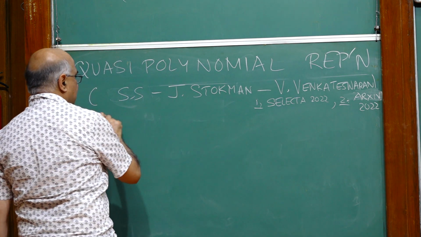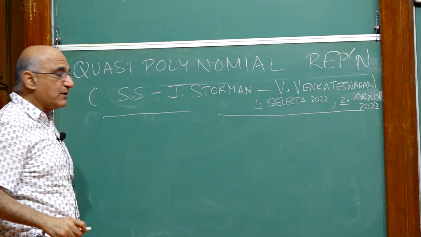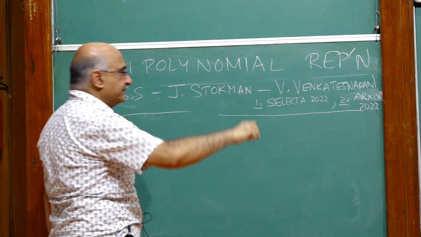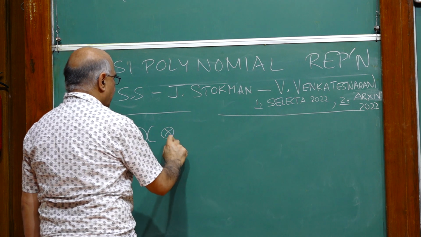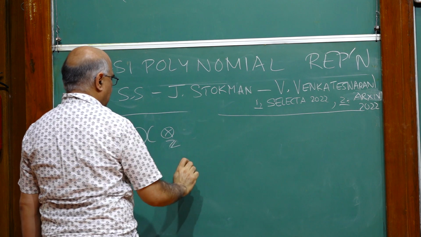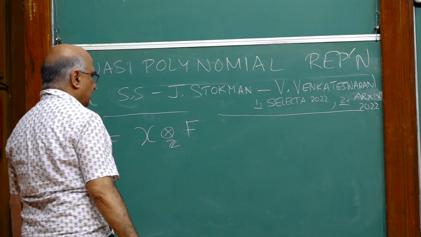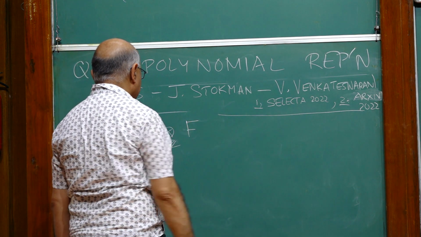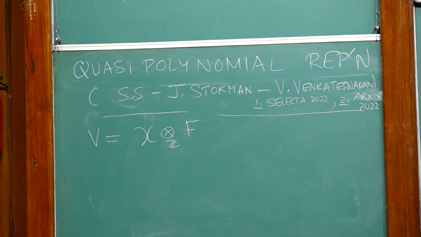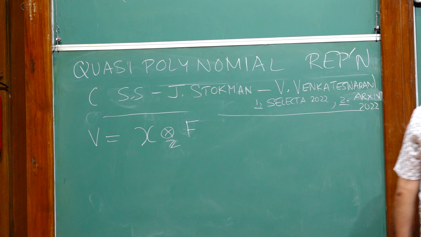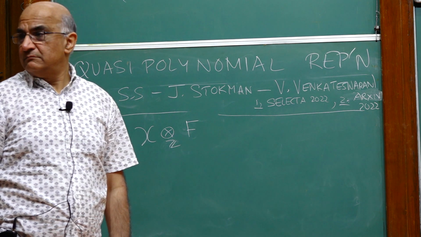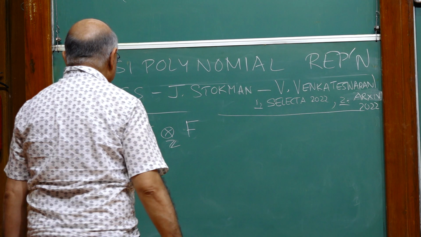So first I should tell you what a quasi-polynomial is. Let V be this lattice X tensored over Z with the field. Actually, I don't need to do that.